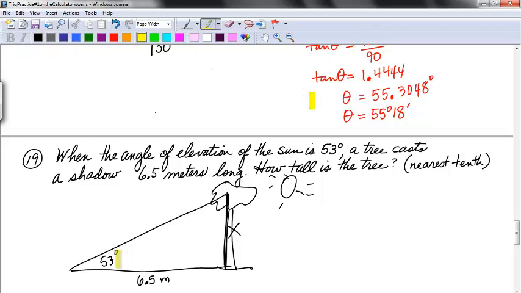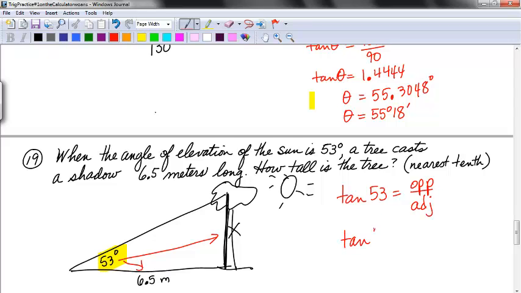So in terms of this 53 degrees, what side is this? Opposite. Adjacent. So again, you can do tangent. Tangent of 53 is opposite over the adjacent.